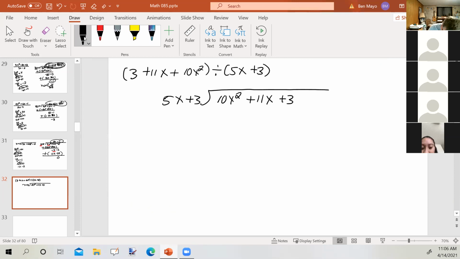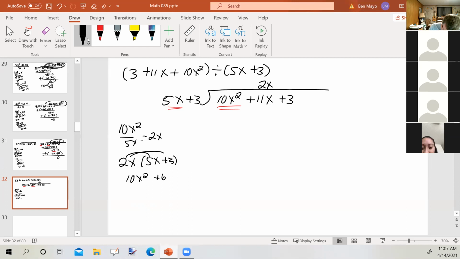Here we go. 10x squared divided by 5x is 2x. 2x times the quantity 5x plus 3 is 10x squared plus 6x.